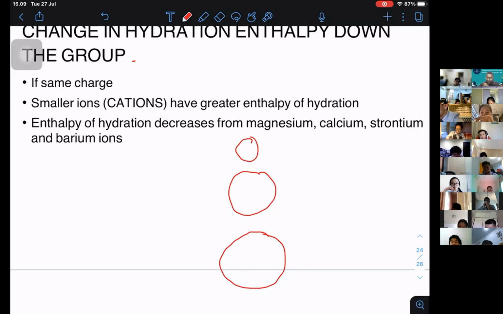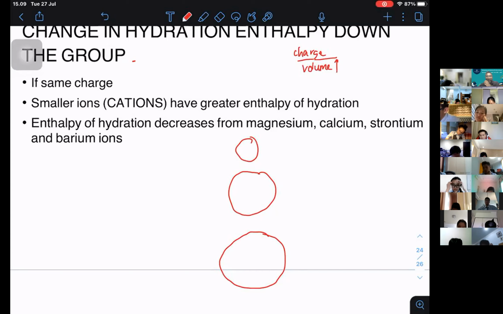Why? If you cannot remember, you just put charge divided by volume. Now your volume is getting bigger, so for the same charge, the value is going to become smaller. So the charge density is going down.